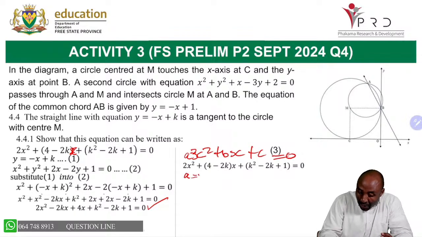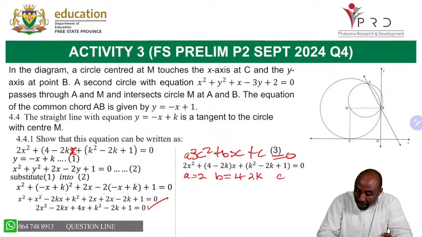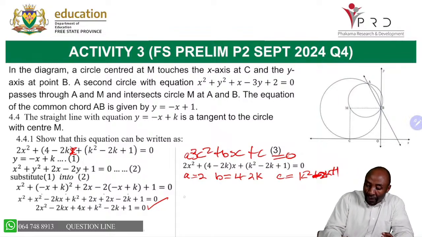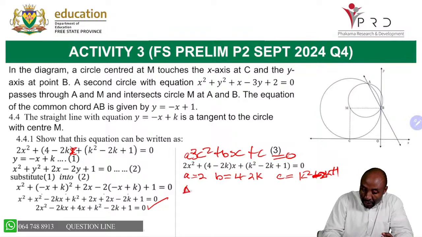Our a is equal to 2, our b is 4 minus 2k, and our c is going to be k squared minus 2k plus 1 there. So we have to find our delta, and we equate it to 0, b squared minus 4ac.